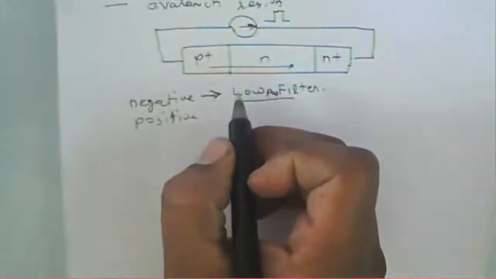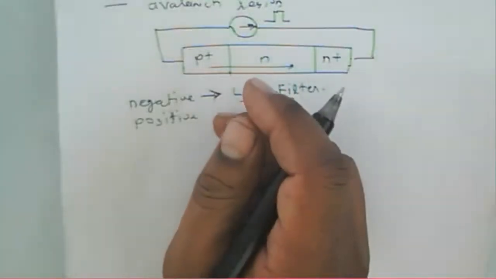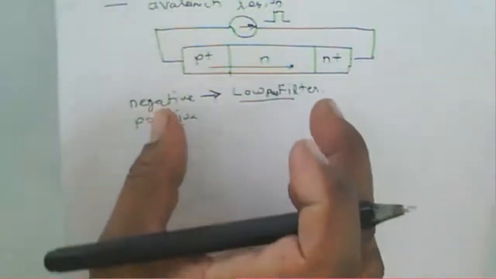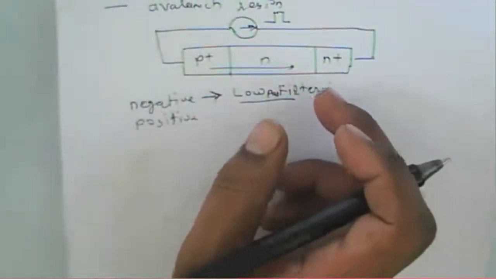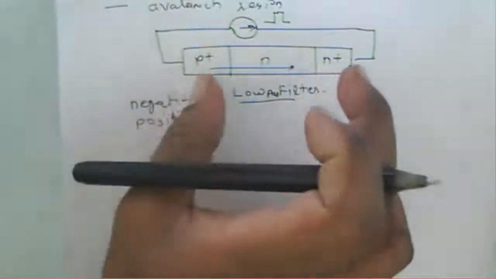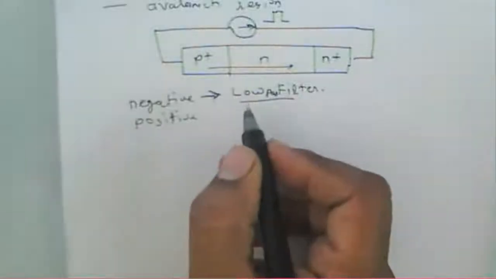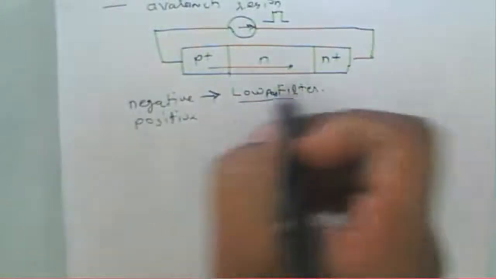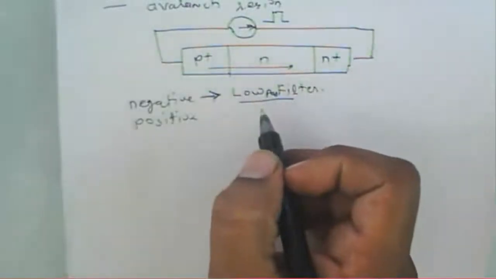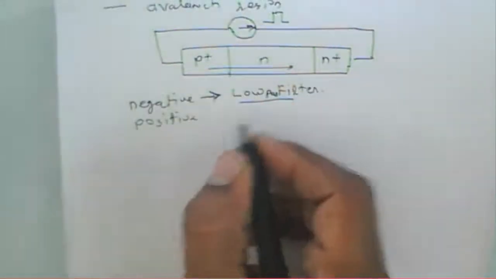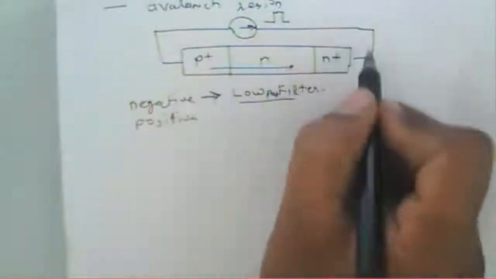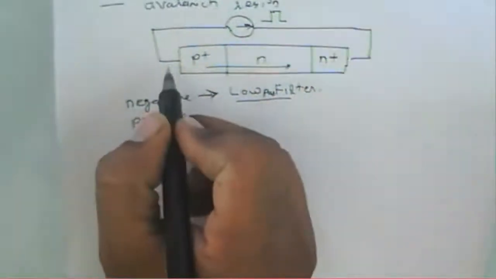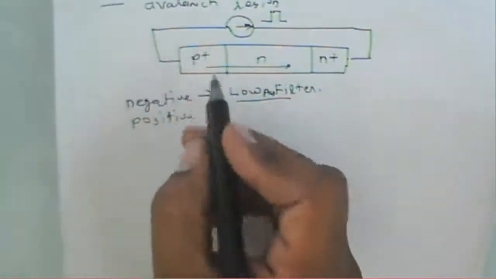So in this process, the diode does the filtering. Whatever harmonics are present, the diode will allow the low pulse to pass, because the pulse will be propagating through the diode.